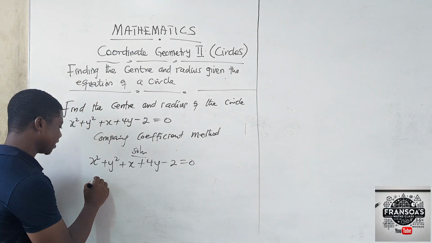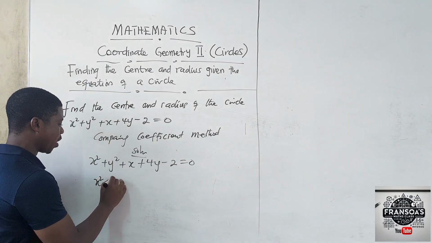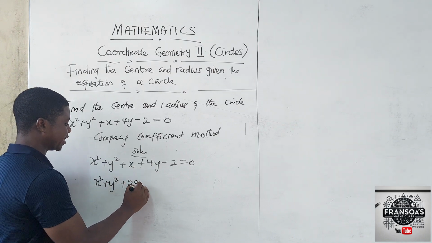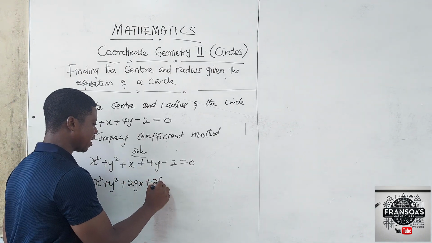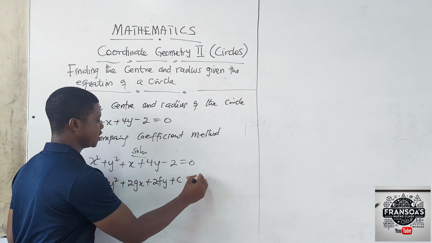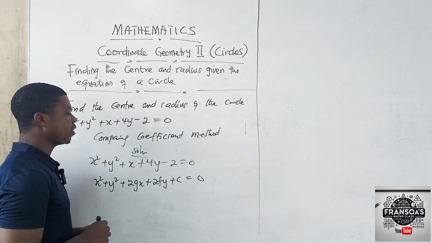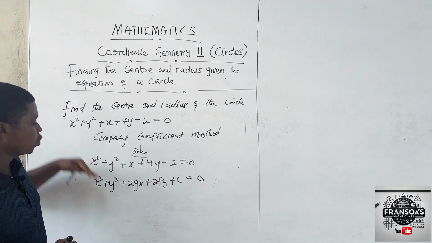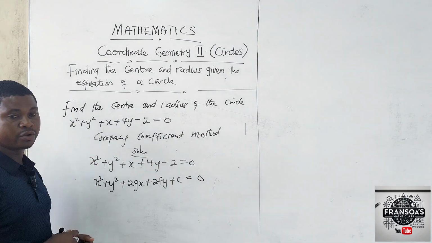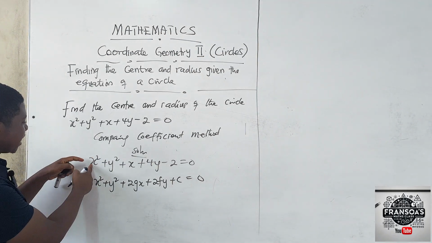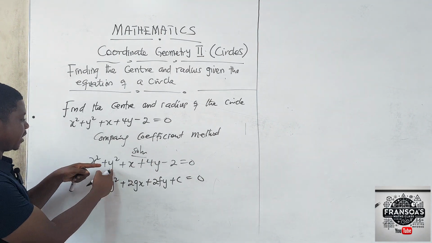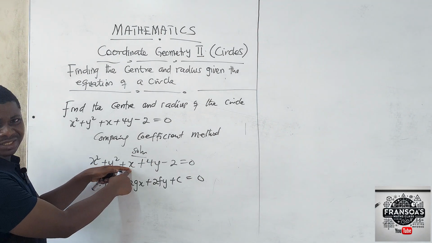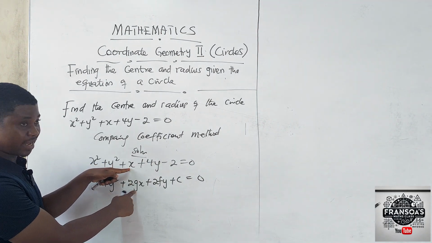The general equation is x squared plus y squared plus 2gx plus 2fy plus c equal to 0. We compare this equation of a circle to the general form. When you compare, you realize this is x squared, this is x squared, this is y squared, this is y squared, this is x, and this is 2gx.